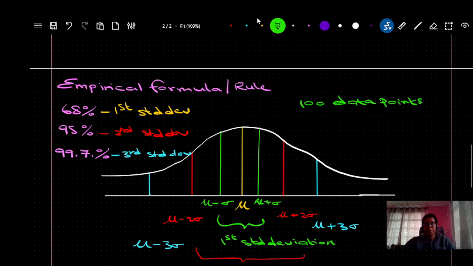So what this means is that all values which lie here represent 68% of the whole data set.